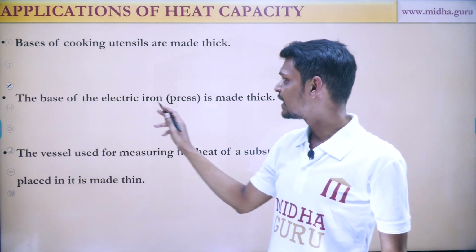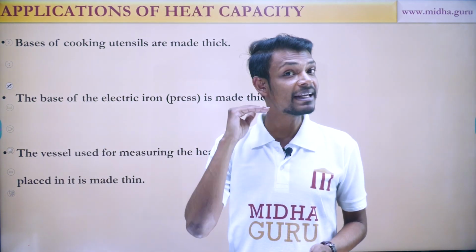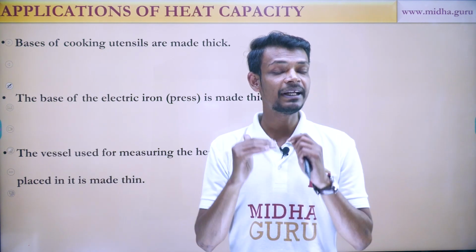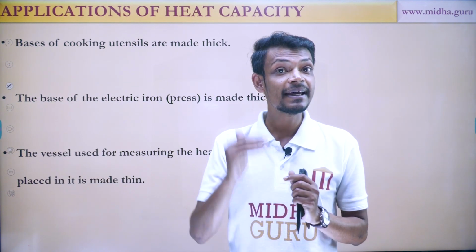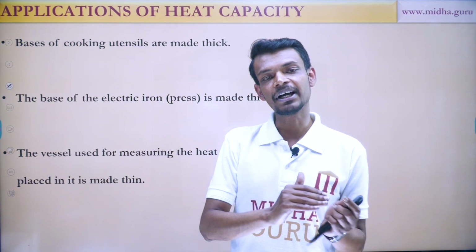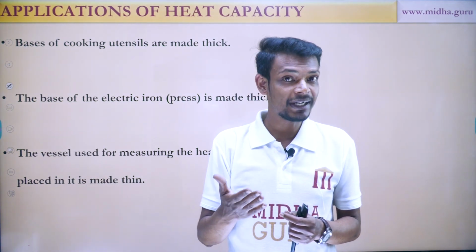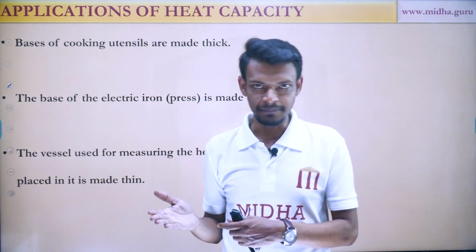Now the base of an electric iron is made thick. Again, the principle is the same. If it has a thick base, then it will heat up slowly, but once it has been heated up to a certain temperature, then it will not lose its heat immediately. In fact, even if the current is gone, you might have observed that the base of the iron remains hot for quite some time.